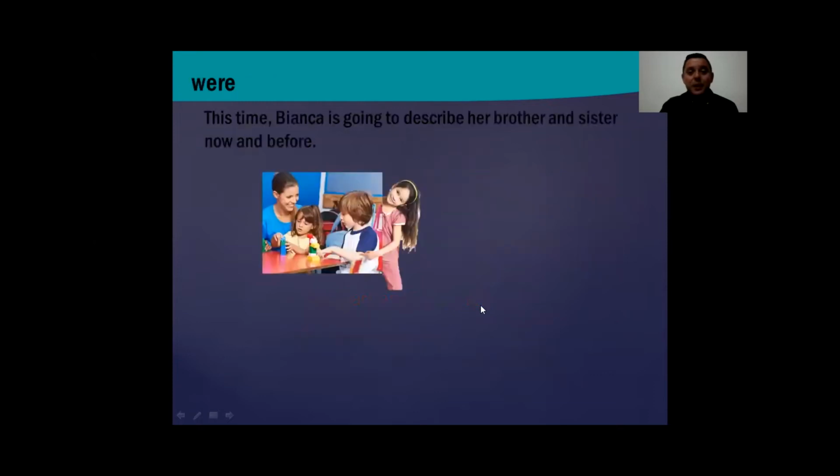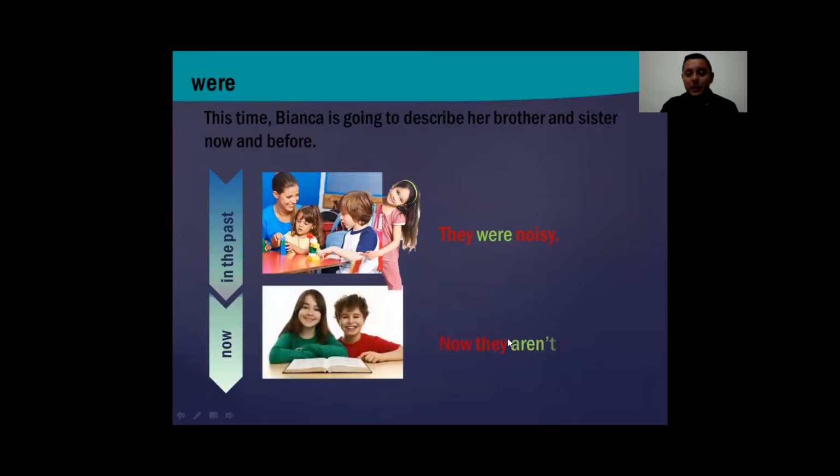So let's check these two little children. These are Bianca's brother and Bianca's sister. They were 3 years old in this picture. That means in the past. So they were noisy. Noisy means talking too much. They were noisy in the past, but now they aren't noisy.